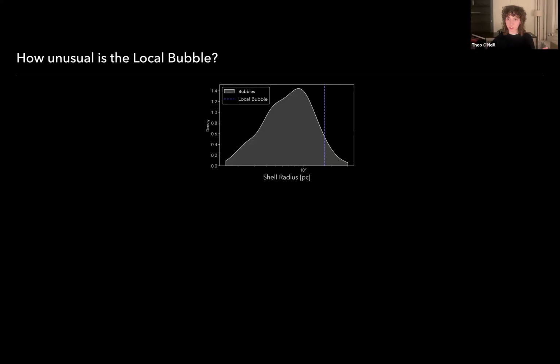So the radius that I'm showing here is by calculating the equivalent radius that a sphere with the same volume as this shell would occupy in 3D space. So for structures like the local bubble, which have actually burst out of the galaxy, this is not the most physically meaningful metric, as if it was actually still encompassed in the disk of the galaxy.